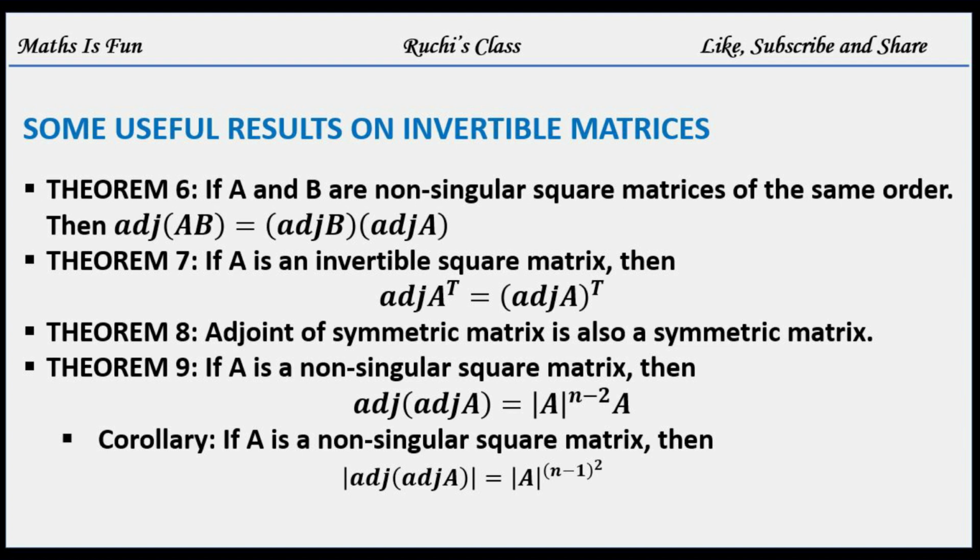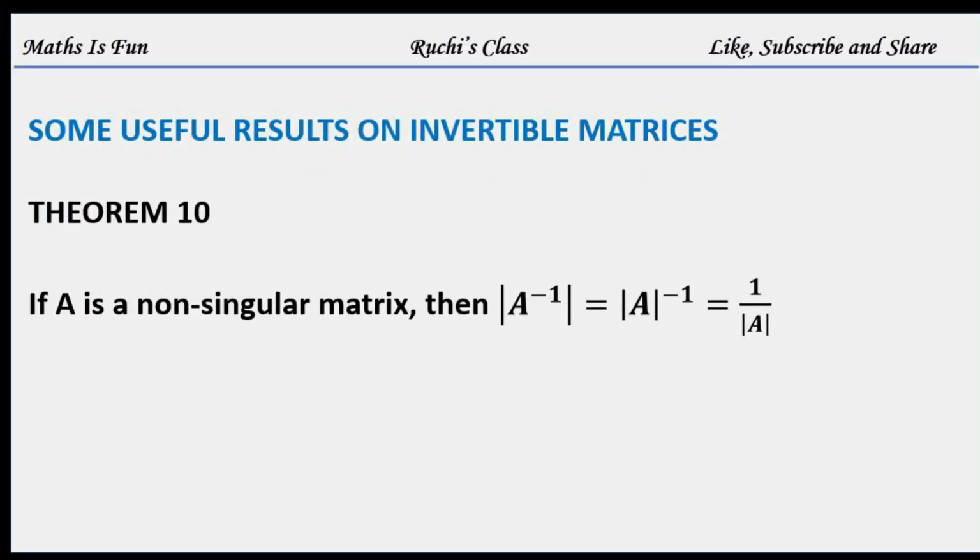If A is a non-singular square matrix, then adjoint of adjoint A is equal to determinant of A raised to the power n minus 2 into A. Moreover, if A is a non-singular matrix of order n, then determinant of adjoint A is equal to (determinant of A) raised to n minus 1, whole square. Now, if A is a non-singular matrix, then determinant of A inverse is equal to 1 upon determinant of A.